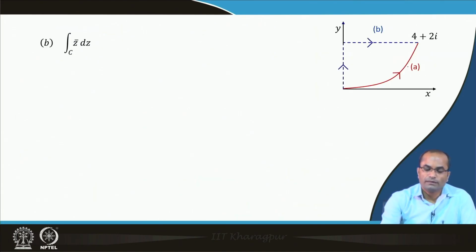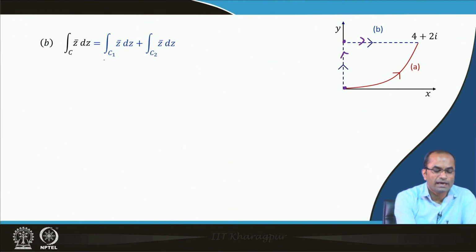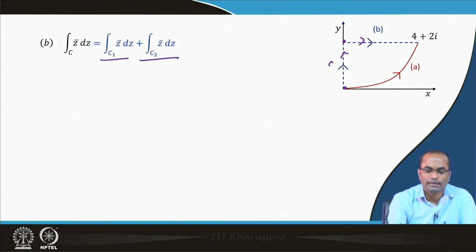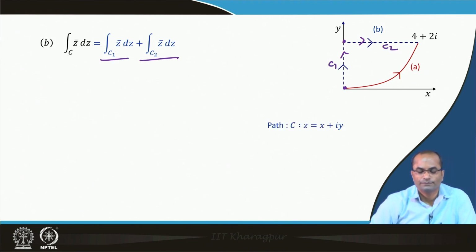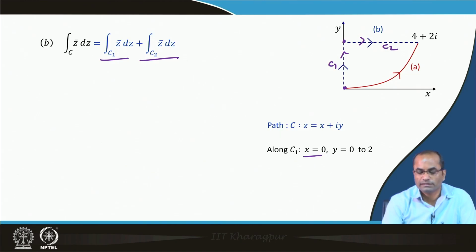Now, for the second part we will choose the other path. First we will go from 0 to 2i, and then again we will vary in the direction of x. So we have two curves, basically C1 and C2. C1 is x equal to 0 with y varying from 0 to 2.